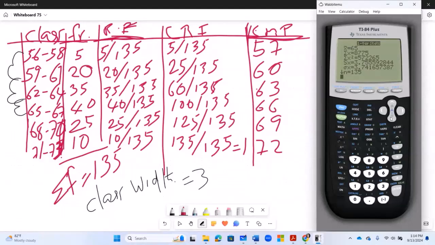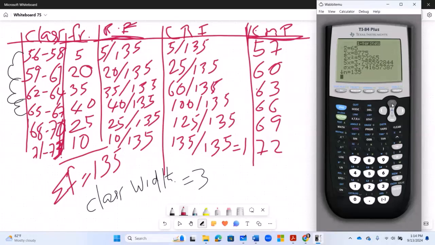And I can quickly arrow to the median. And the median is 66. So this data is slightly skewed to the left, not a lot of skewness. The median is 66.